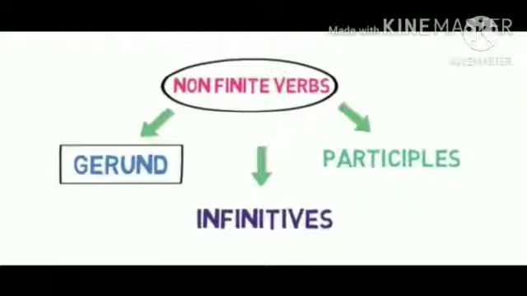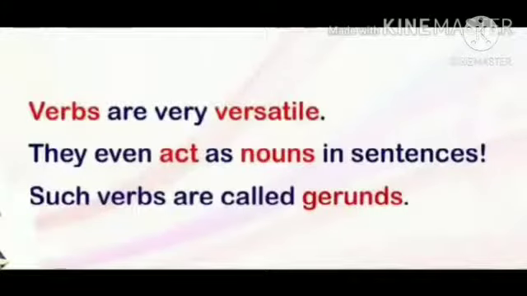Now, in the image, you can see that non-finite verbs are further divided into three parts, that is gerund, infinitives and participles. So let us now study what gerunds are. Verbs are very versatile. They even act as nouns in a sentence.